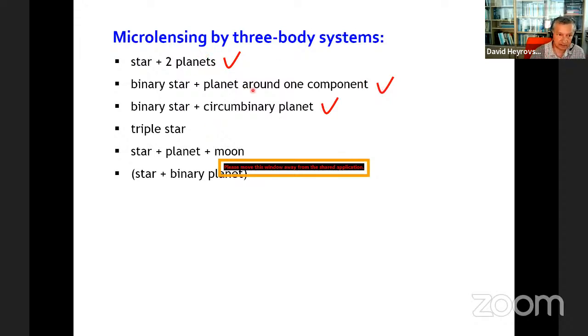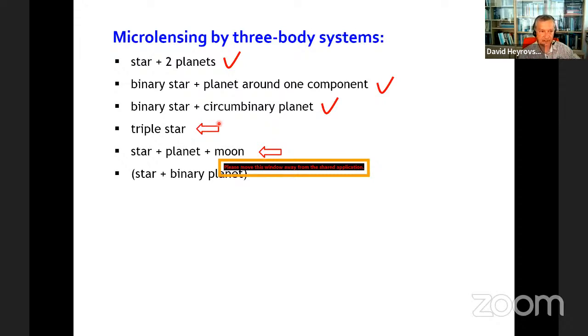We know these systems, and surely the statistics will be growing now with more observed events. But what has not been detected yet, and what could hopefully be detected, are either triple stars or stars with a planet with a moon. For triple stars, though, this would have to be a very peculiar configuration, because for the event to be detectable as a triple lens event, you need all the 3 bodies to be separated by a few astronomical units from each other.